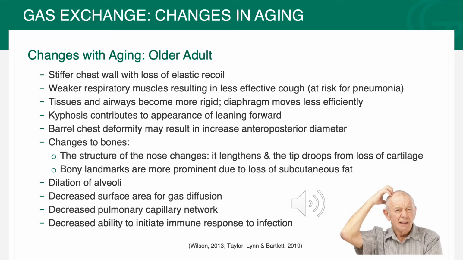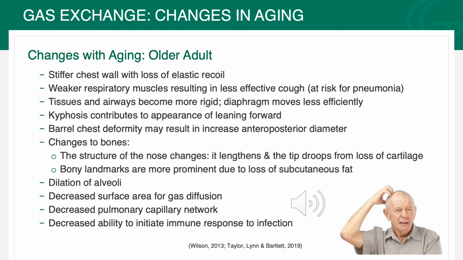In the older adult, you will assess a stiffer chest wall with loss of elastic recoil. They'll have weaker respiratory muscles, so their coughing will be less effective, which can put them at risk for infection of the lung or pneumonia.